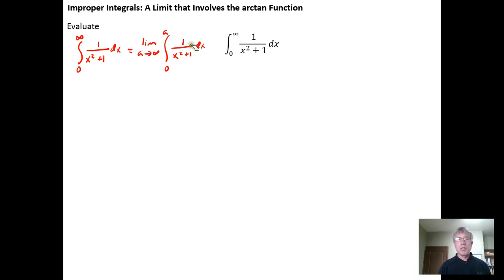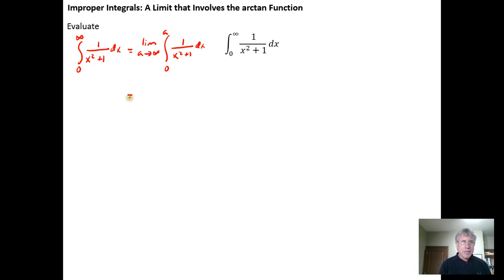Or possibility 3 would be to look at this and say, hey, I think I can attack this using a trigonometric substitution. And the method of trigonometric substitution is exactly the method that can be applied to this to come up with the integral that is in the table of integrals.